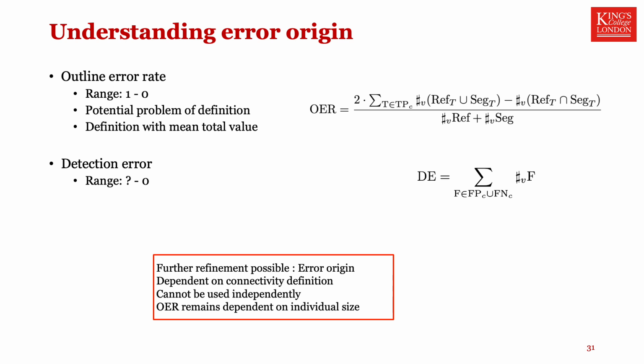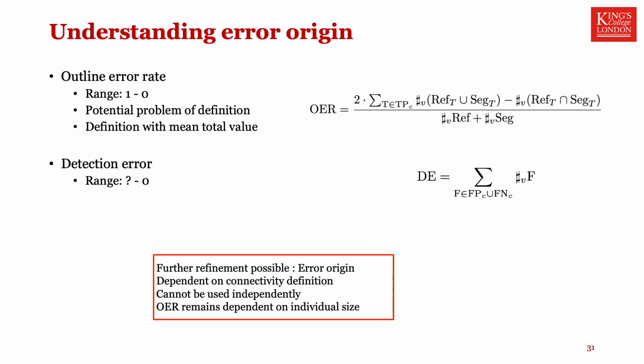So then you may further refine that by saying, oh, actually, I want to separate between false positive and false negative. It may depend on how you define things that are connected, because you can change this connectivity based on the neighborhood that you are choosing. If you choose a different neighborhood, you cannot use them independently.